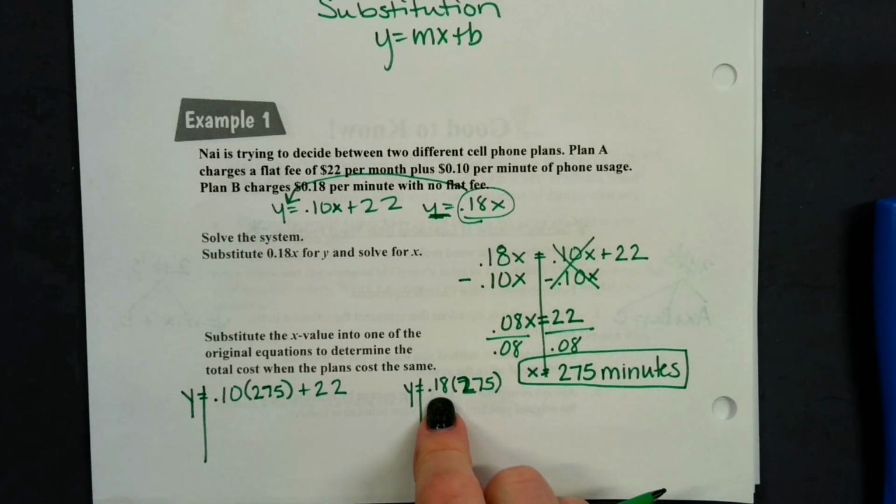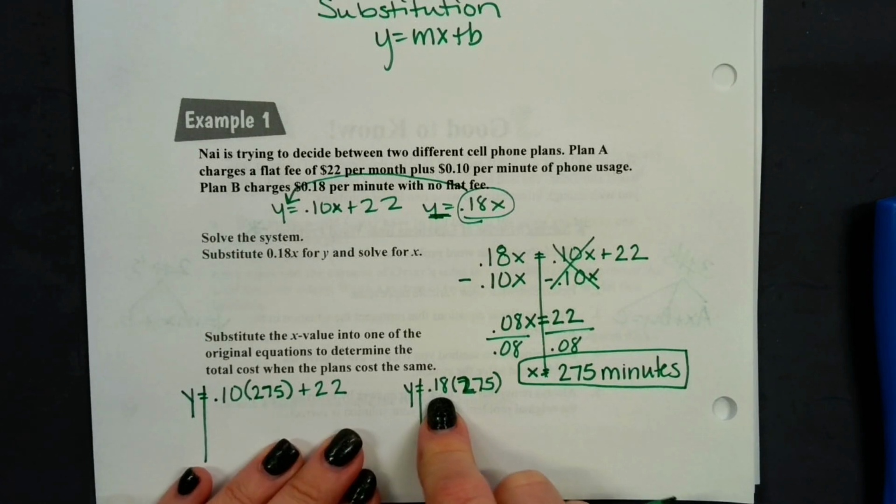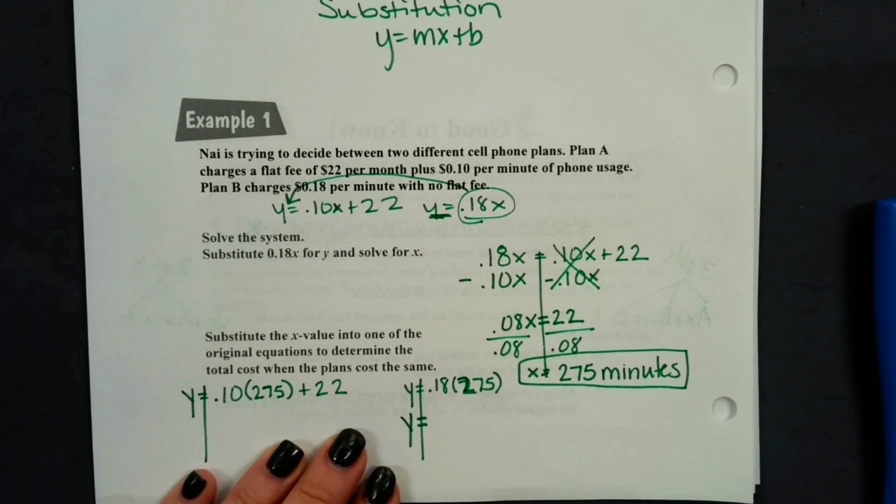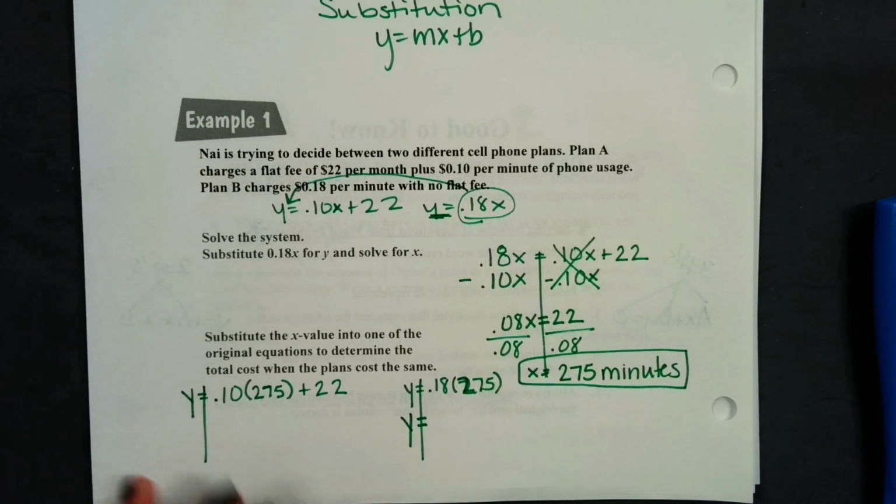I'm going to start here. 18 cents times 275. I want everyone to type that in. $0.18 times 275.